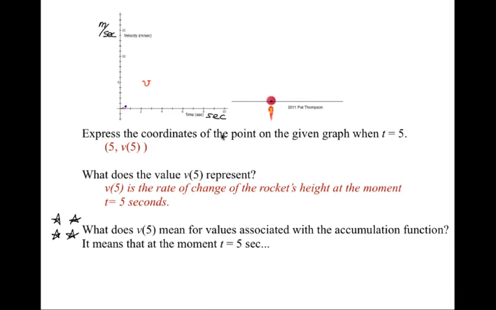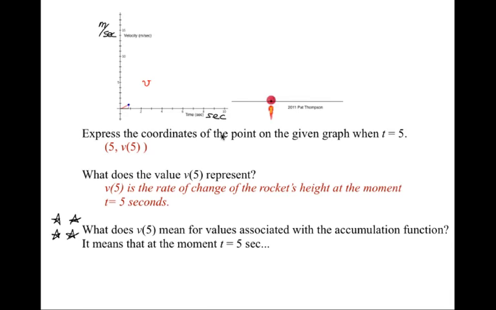So yes, v of 5 is the rate of change, and what does that value v of 5 mean? Okay, so it is the total change in height? The rate of change is the change in height? That's what I heard you say. It's the height in meters. The rate of change is the height.